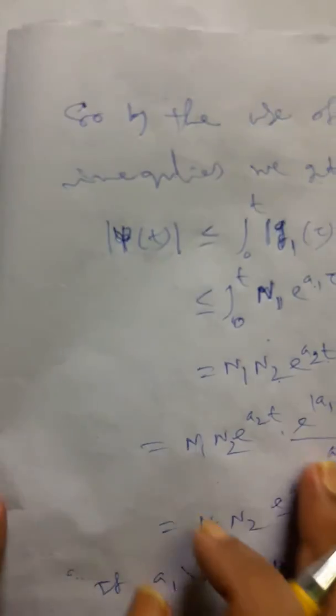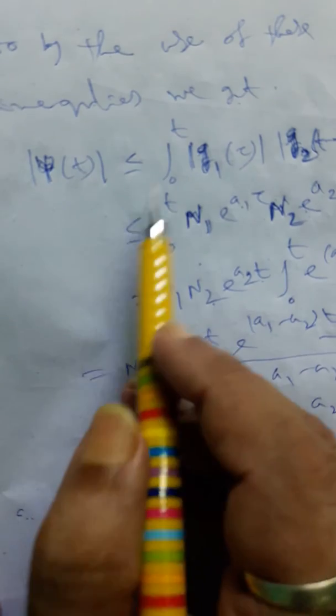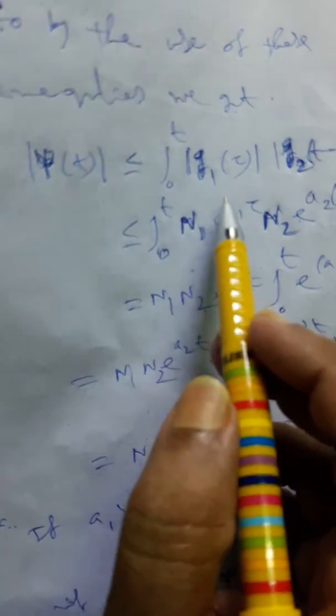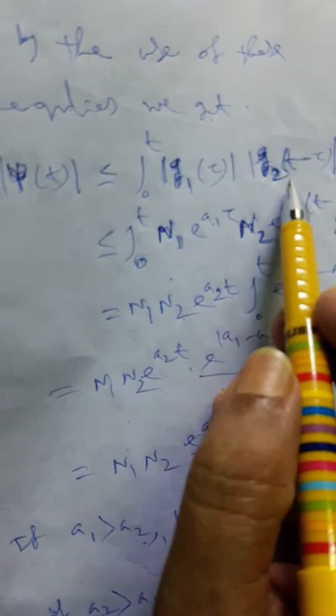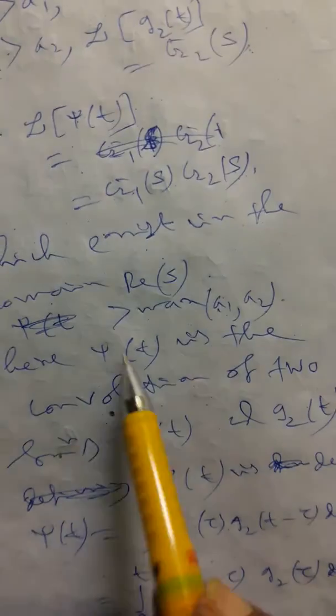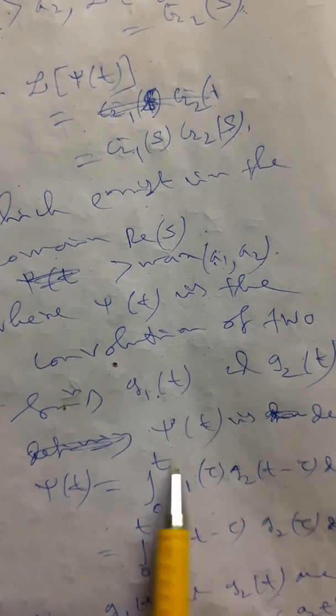So by the use of the inequality, we have mod of psi(t) is less than or equal to the integral from 0 to t of mod of g1(tau) into mod of g2(t minus tau) d tau. Actually this comes from the definition, and if we take mod of psi(t) we get this result.